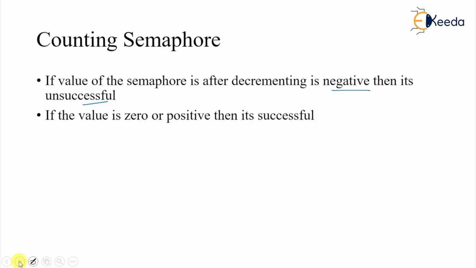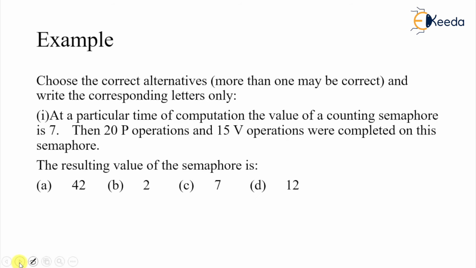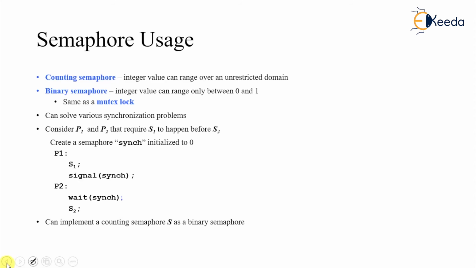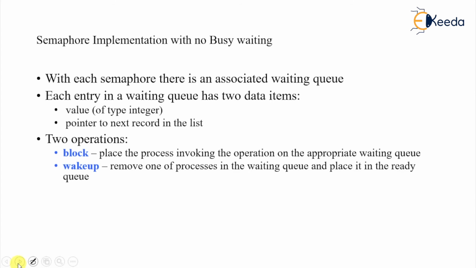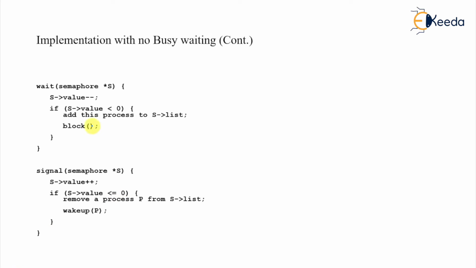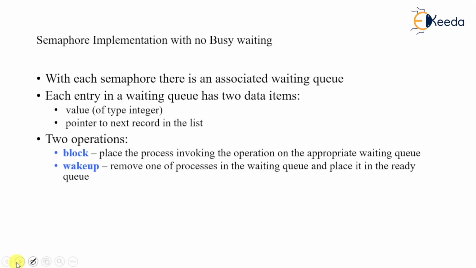Right? If it is negative, otherwise it is successful. So here, counting semaphore: if the S value is less than or equal to 0, then we are actually blocking it. Right? Less than 0. So it should go to negative one. Okay, negative one.